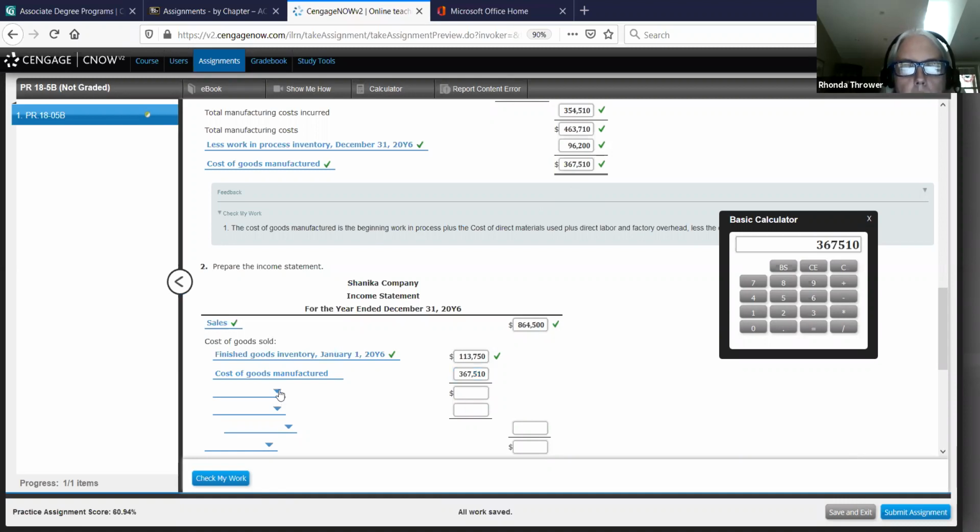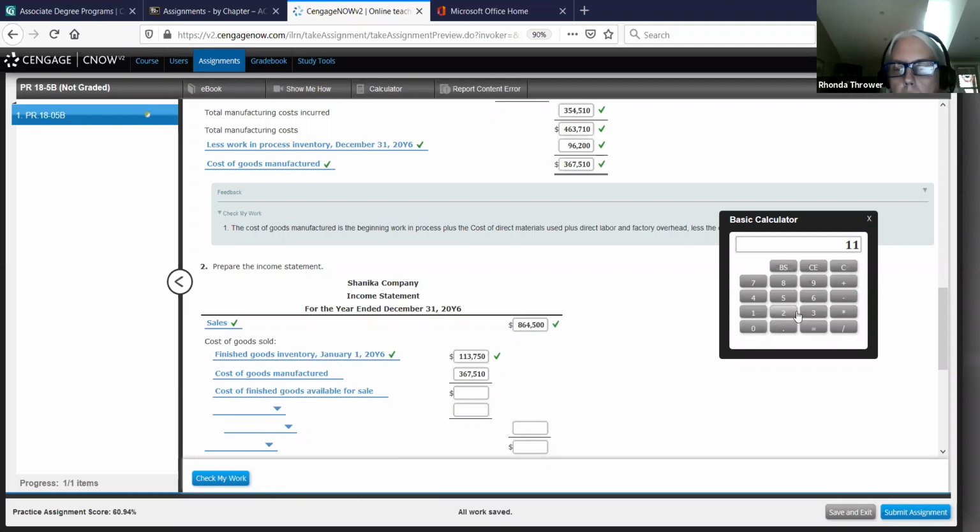And what that will do is give us the cost of the goods that we have available to sell. The cost of finished goods available for sale is the best answer there. We're going to add these two together to get that amount.